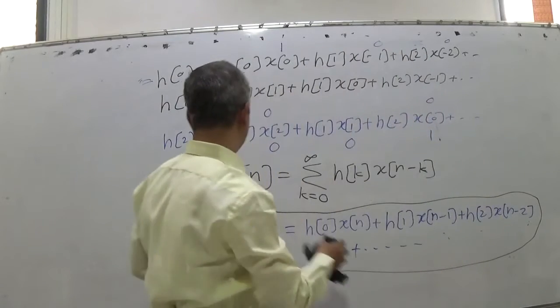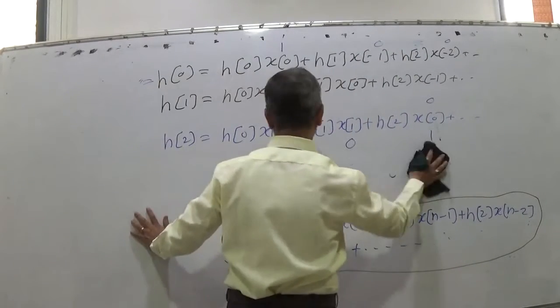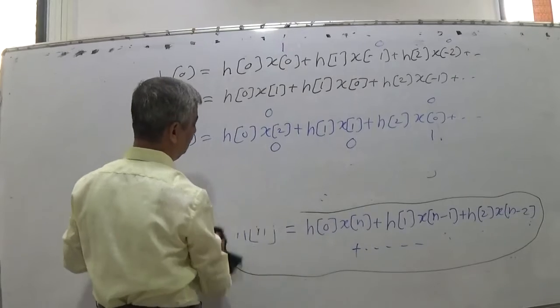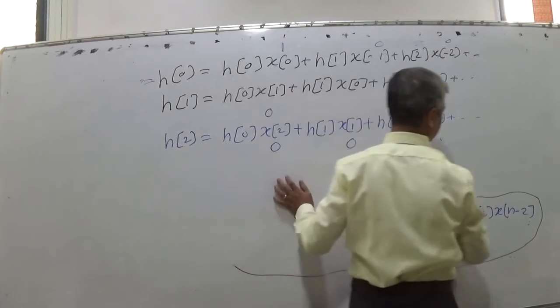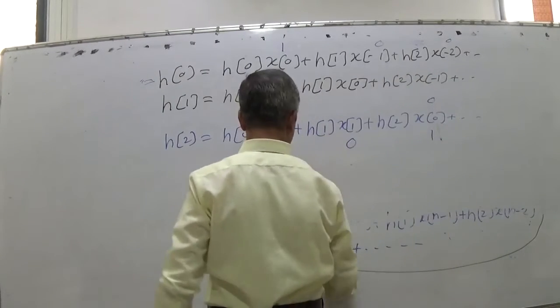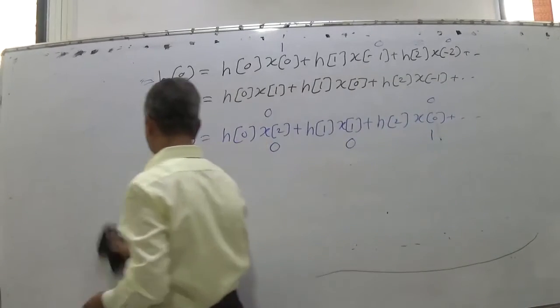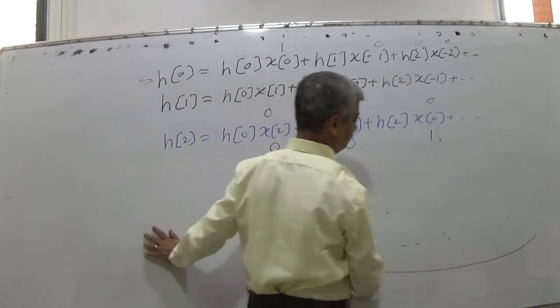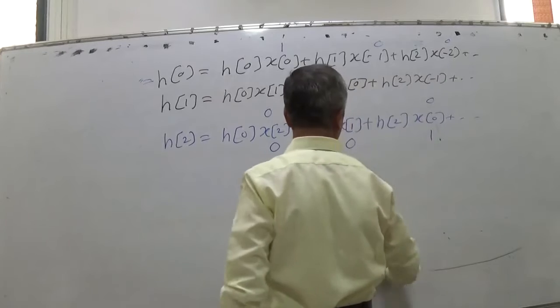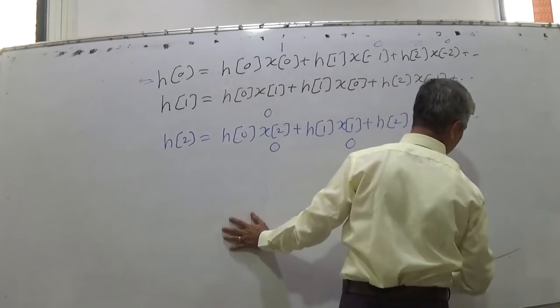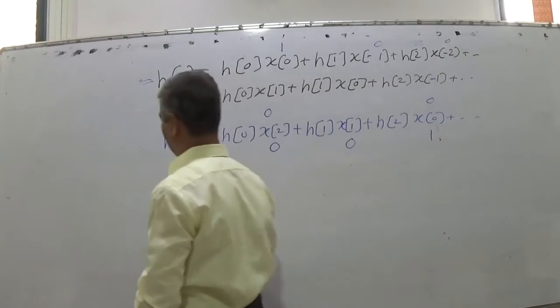So in general, I have a special sequence, called the unit impulse sequence in discrete domain. We might have discussed, or in Laplace transform you might have seen delta t, where delta t is equal to infinity at t equal to 0 and 0 elsewhere.